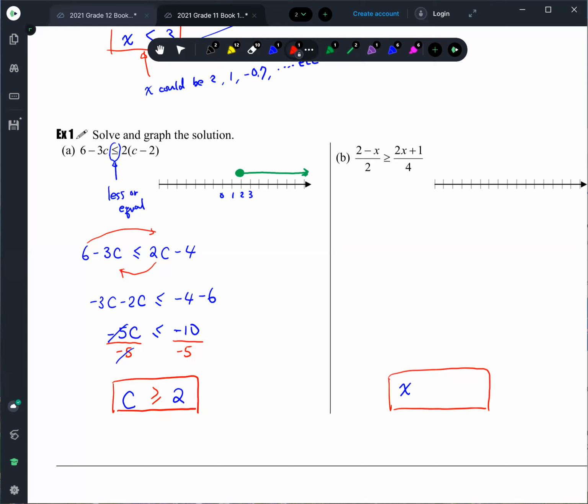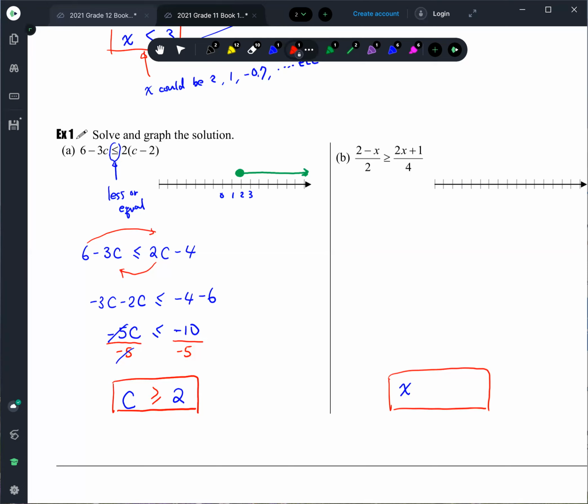Okay, Tony, do you know how to start? What's the first thing we need to do? The first thing I'd say is to get the denominator out of the way. Yeah, very good. How do we do that?